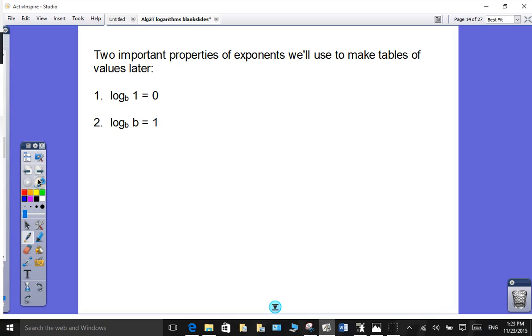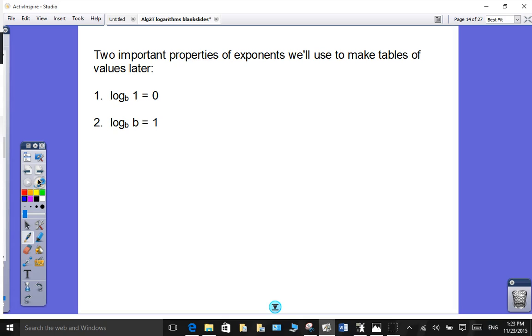And you can convince yourself of these properties. Just convert them to exponentials. What does it look like? Convert this one, the log of 1, to an exponential. What would it be? The base would be b to the 0 equals 1.